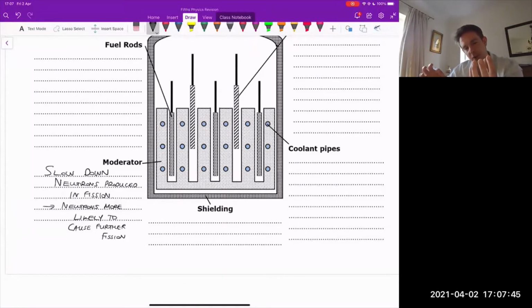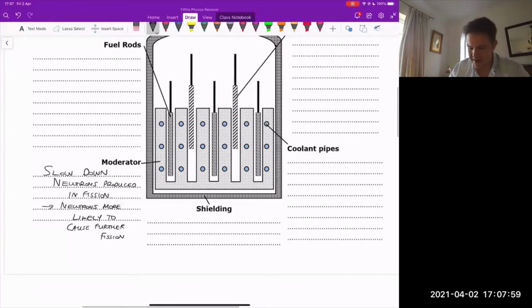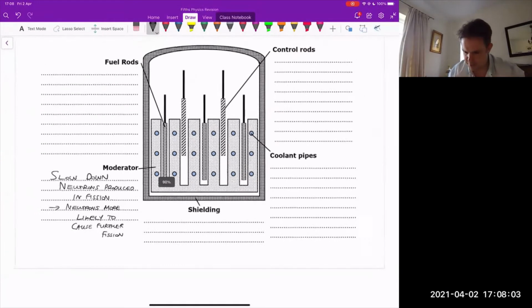And that is more likely if the neutron's moving slowly rather than moving quickly. So that's why slowing down neutrons is good. It gives the uranium more chance to absorb them. So the moderator fills the reaction space, the reactor core.